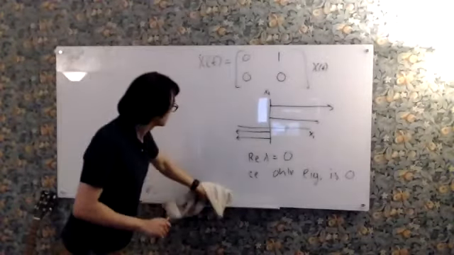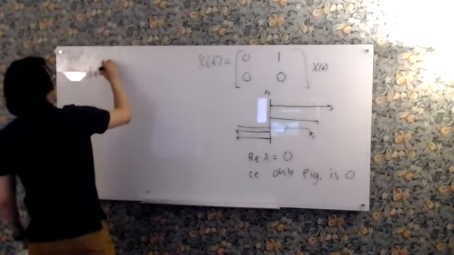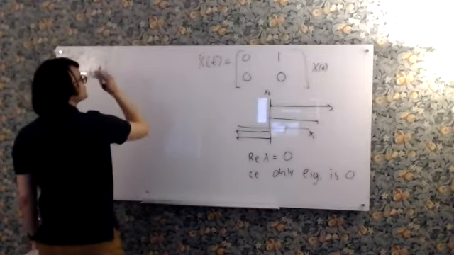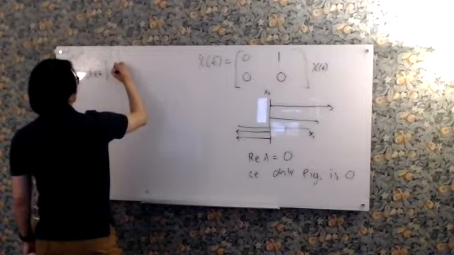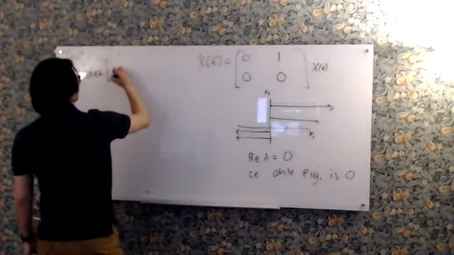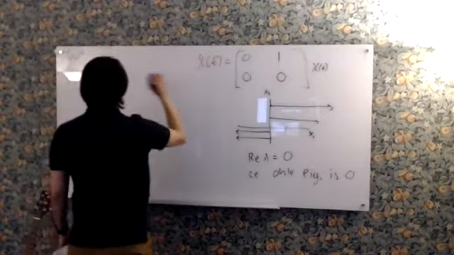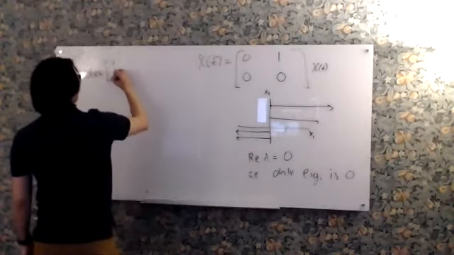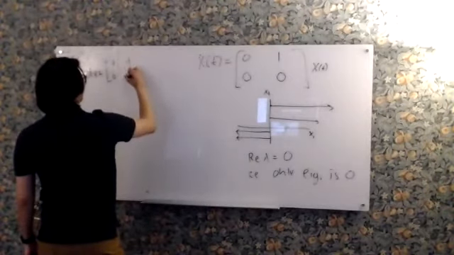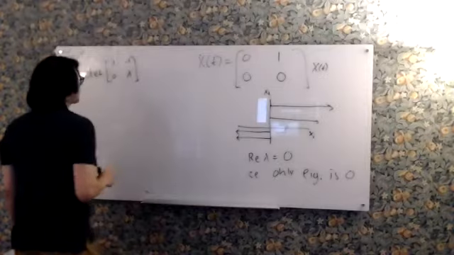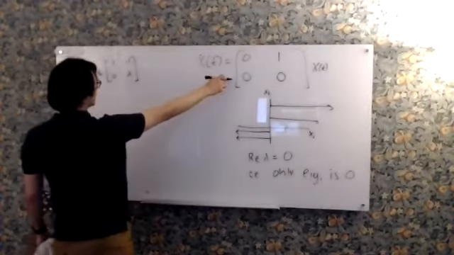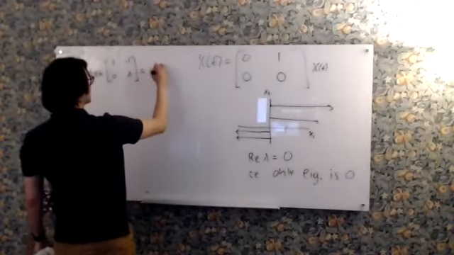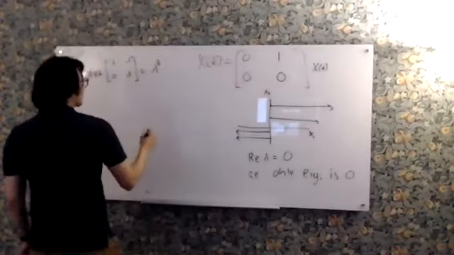In this case, the characteristic polynomial of this matrix is lambda squared.